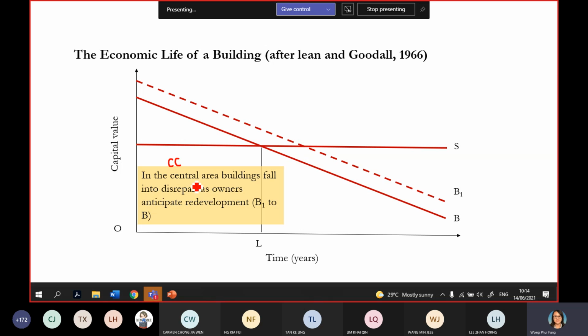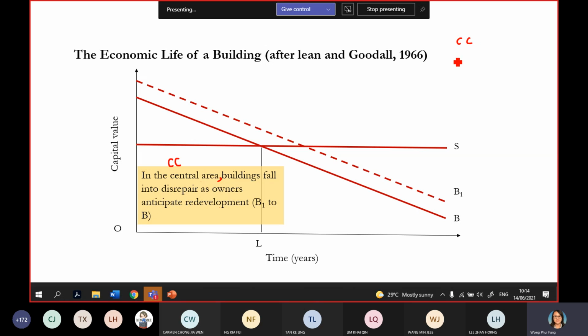In the central area, city center, buildings fall into disrepair as owners anticipate redevelopment. So this theory states that in city center, the owner will not maintain the building because the owner anticipates there is a fast redevelopment. So that's why they don't want to maintain the building.